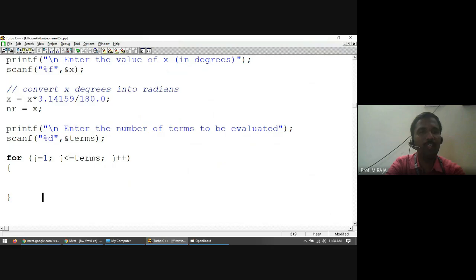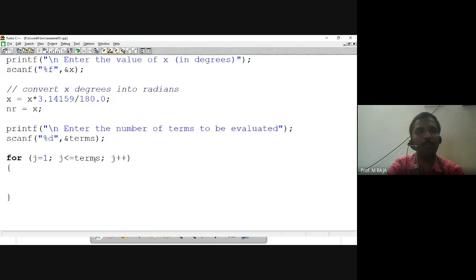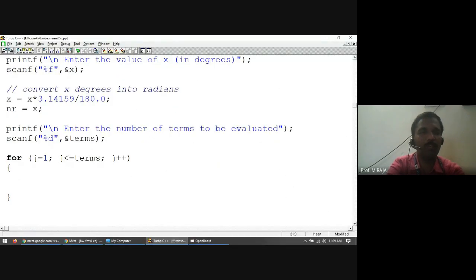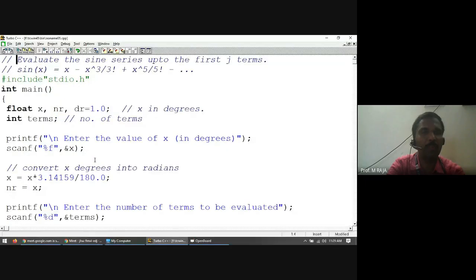So when j is equal to 1, what happens? We expect sum is equal to sum plus. Please wait. I write one variable s here, float s.